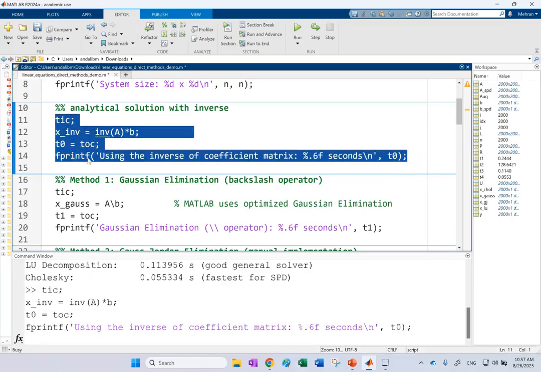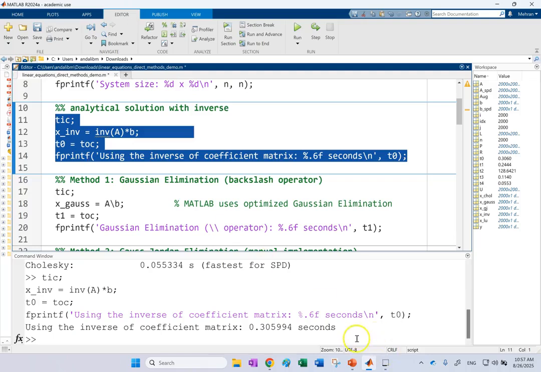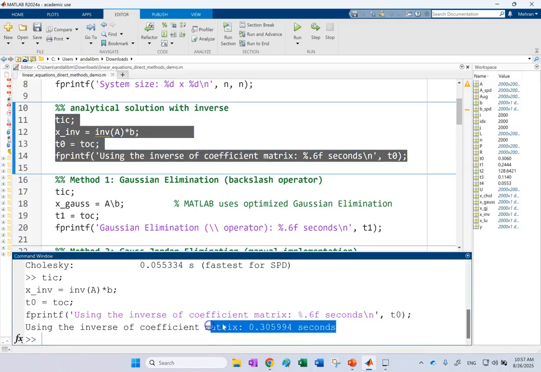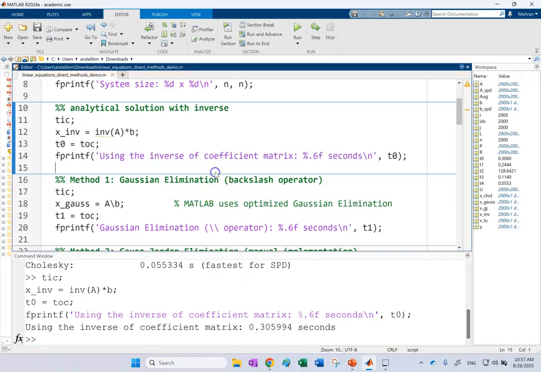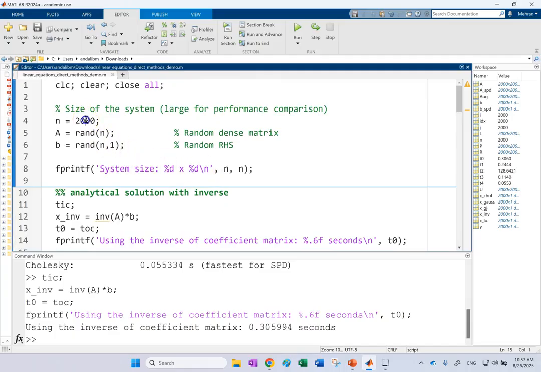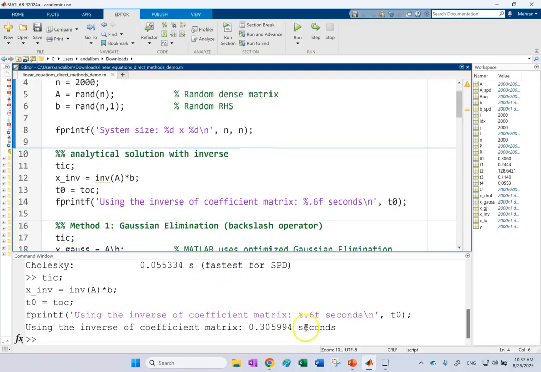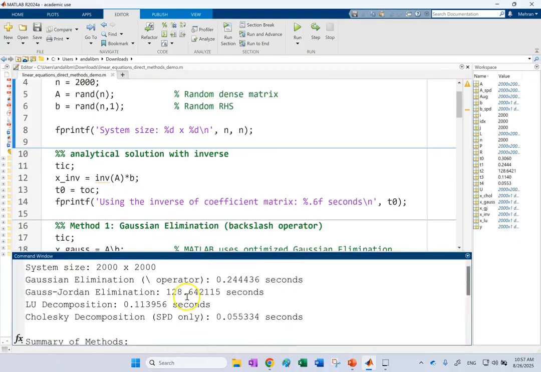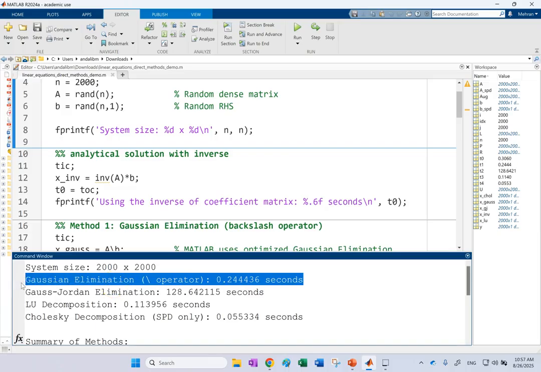So here we go, run it with that, and you see in this case it's a little bit more. It's about like 305 or 306 milliseconds, but basically the bigger the set of equations is, so if instead of 2000, I make it 20,000, you see the difference between the inverse and this Gaussian elimination starts to grow.